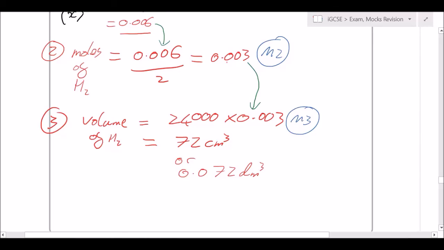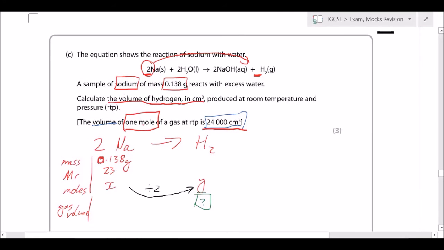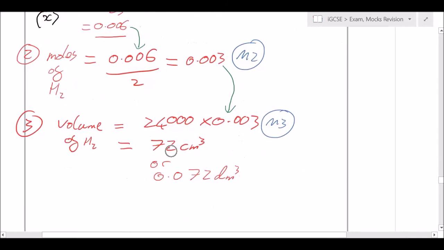If you had 1 mole, the volume would be 24,000. But you've got less than that, so you times the moles by this to give you your true volume, which is 72.